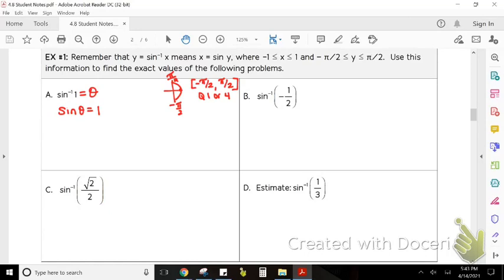Now also remember that sine is y over r. So this 1, we could say is over 1, but it's y over r. On my unit circle, r is 1. Tell me where the y value is going to be 1 as well.